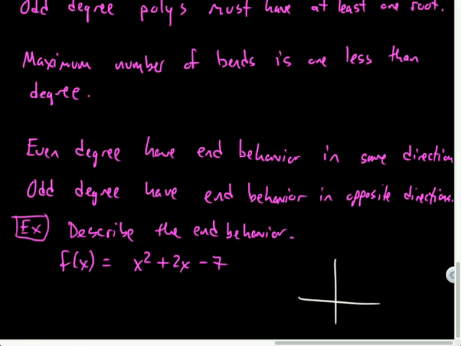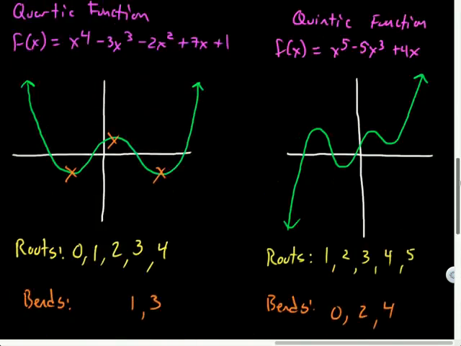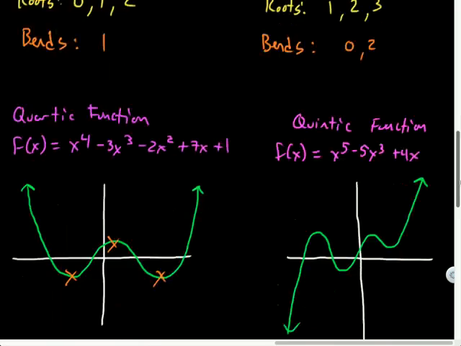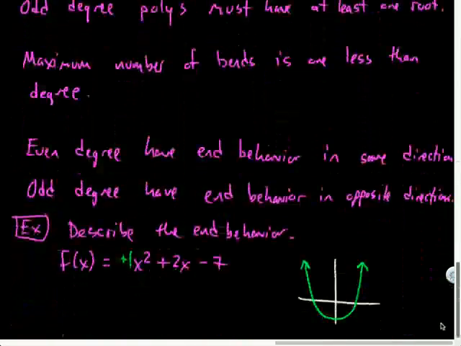Up. And how did you know that? The leading coefficient is positive. It was a positive 1, so I knew it was up. If I made this negative, the whole thing would be flipped, all right? All of these can be flipped upside down by their leading coefficient.